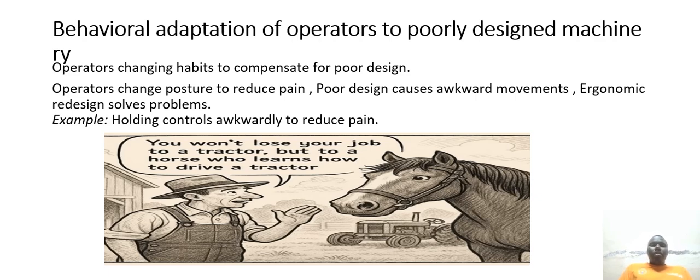Ergonomic design solves problems. Example, holding the control backwardly to reduce pain. That is the picture. The person has tractors and a horse to maintain the farm activities. Let me continue with another slide.